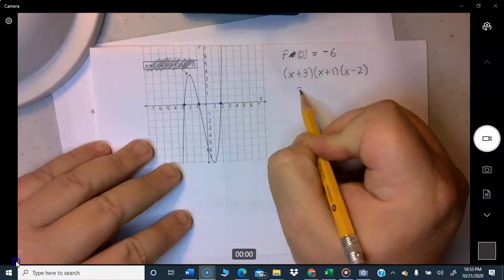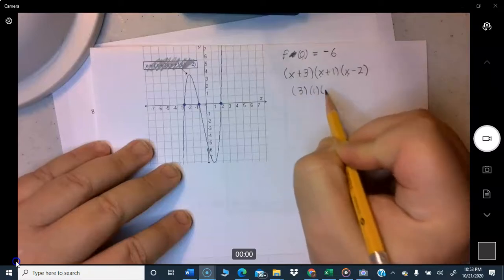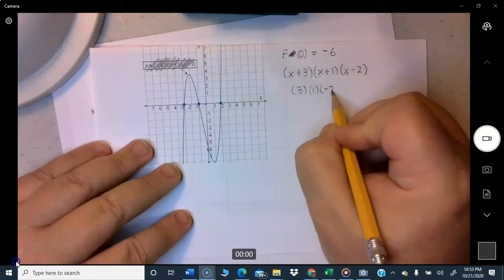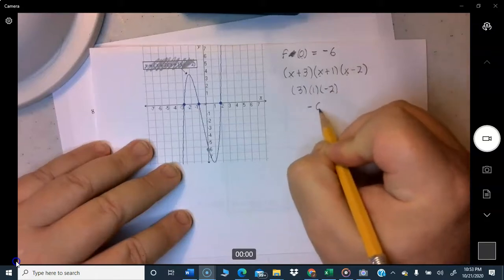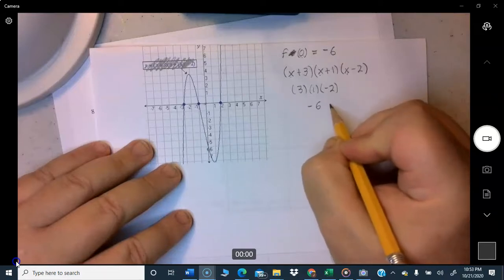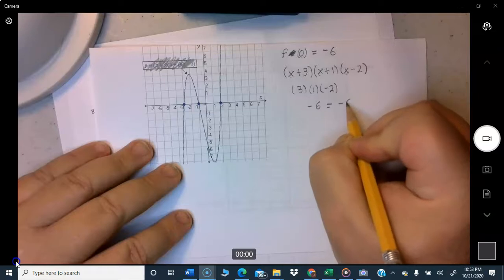0 plus 3 is 3. 0 plus 1 is 1. So it's giving us the same numbers as last time almost. And 0 minus 2 is negative 2. So these are going to be negative 6. Alright? And at f of 0, it's supposed to be negative 6.